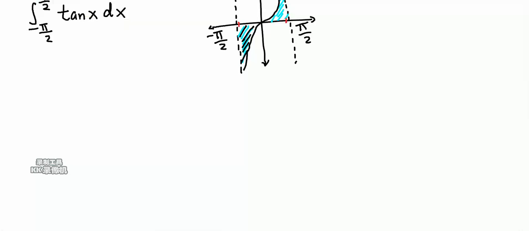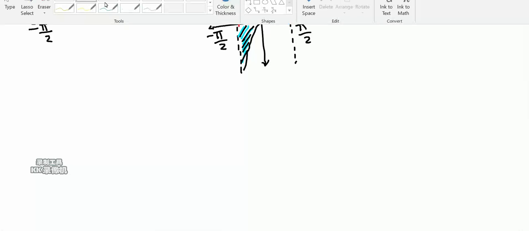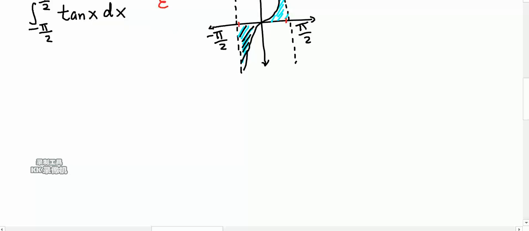So right over here, we set this number epsilon. Epsilon is greater than 0. So the distance from negative pi by 2 to this red point over here is going to be negative pi over 2 plus epsilon. And over here, it's going to be pi by 2 minus epsilon.